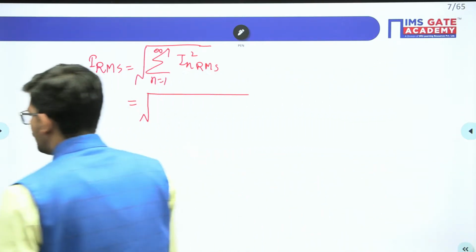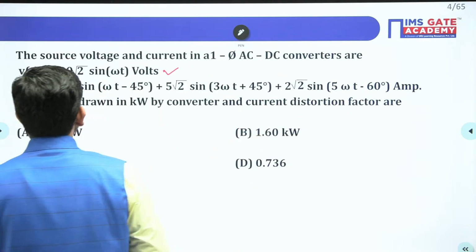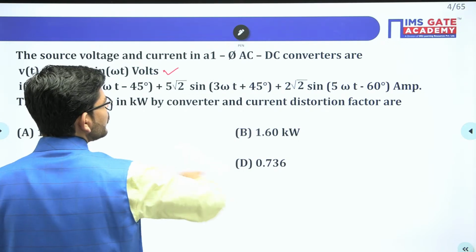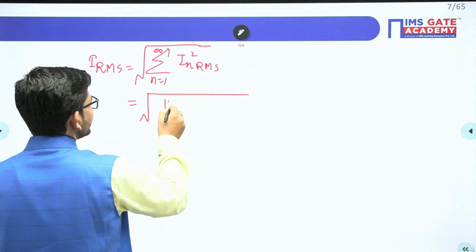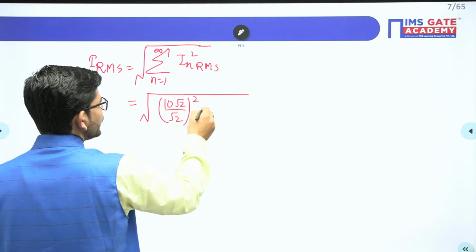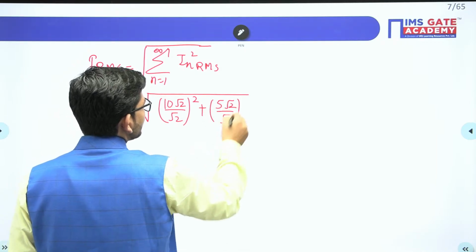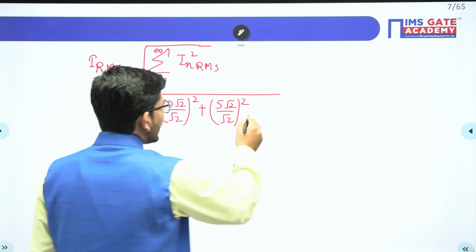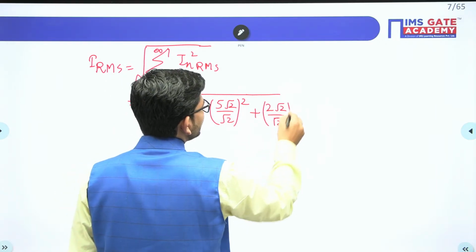How can you calculate the current, guys? The components we have are 10 root 2, 5 root 2 and 2 root 2. So the RMS value of the first component is 10 root 2 divided by root 2, the second component is 5 root 2 divided by root 2, and the third component is 2 root 2 by root 2.